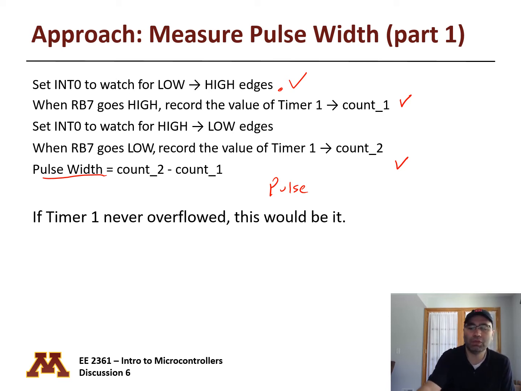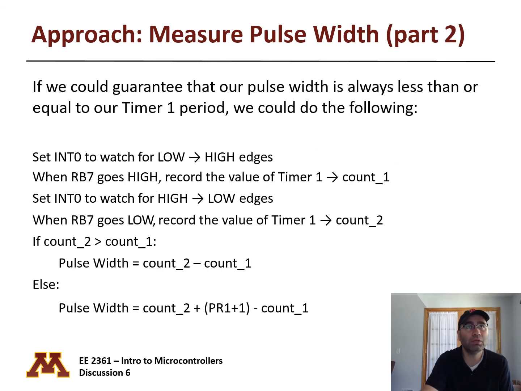But if you cannot promise that overflow is not going to happen in timer 1, we can come up with this approach, this algorithm here. If we could guarantee that our pulse width is always less than or equal to timer 1, then this is what we can do.